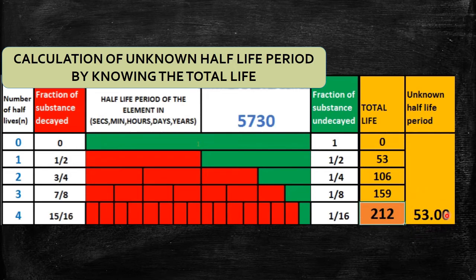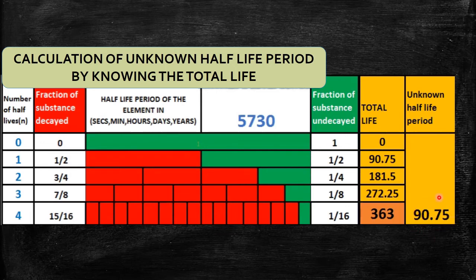Just I will make some other change here. Okay, if you alter the value here, for example 363, 363 is the total lifetime for the radioactive element, and it decays 15/16 of the amount. For that, what will be the time taken for half-life? Look at that.